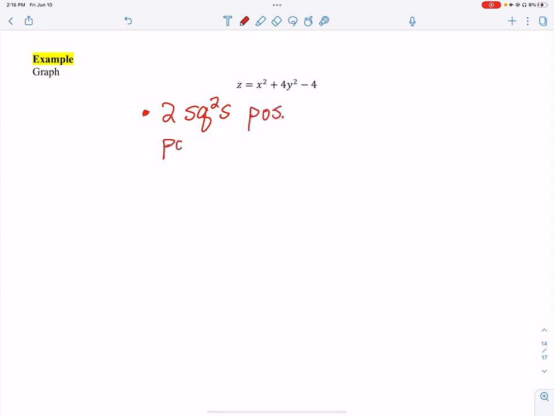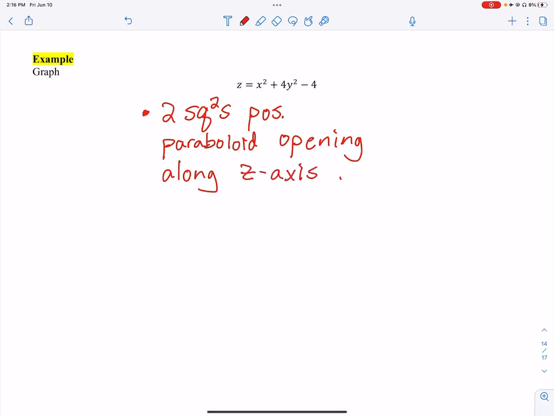So this is a paraboloid opening along the z-axis towards positive numbers.